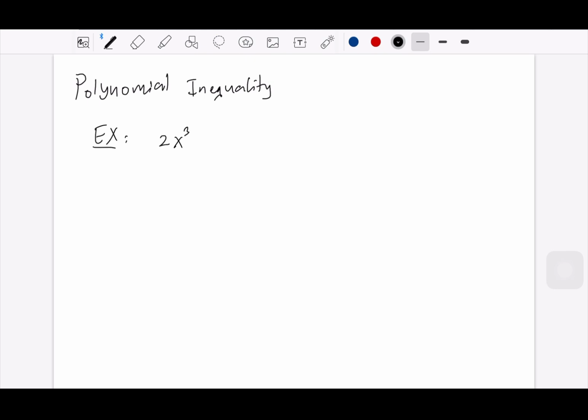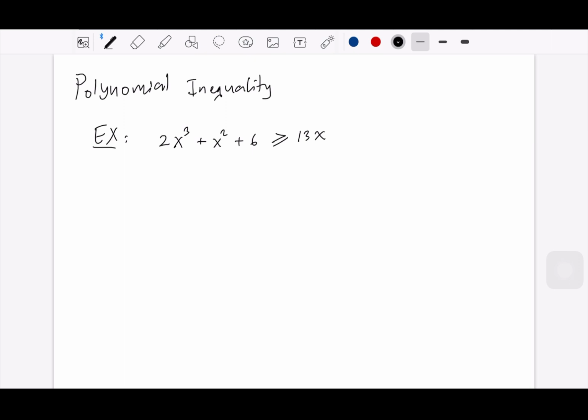2x cubed plus x squared plus 6 is greater or equal 13x. Okay, to solve this is actually the same thing as the previous polynomials that we have. So we need to factor it out, and we need to use the same techniques like synthetic division or Descartes' rule.